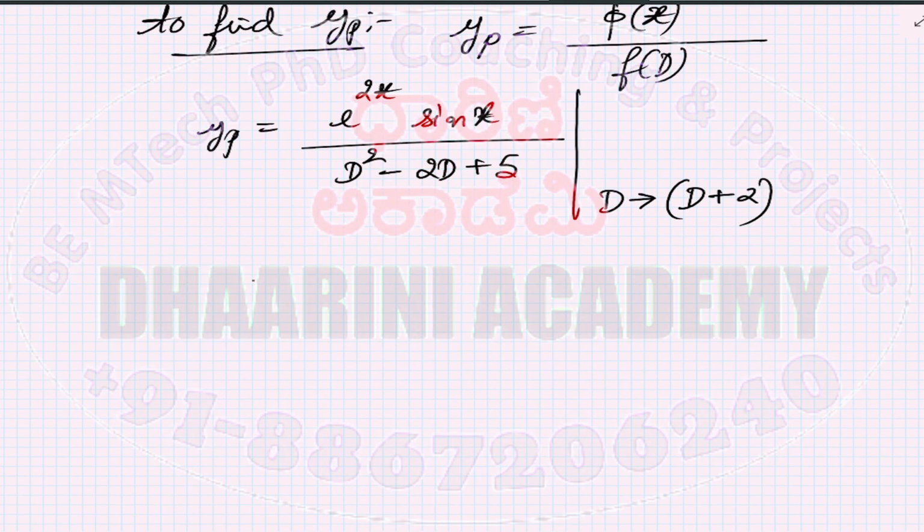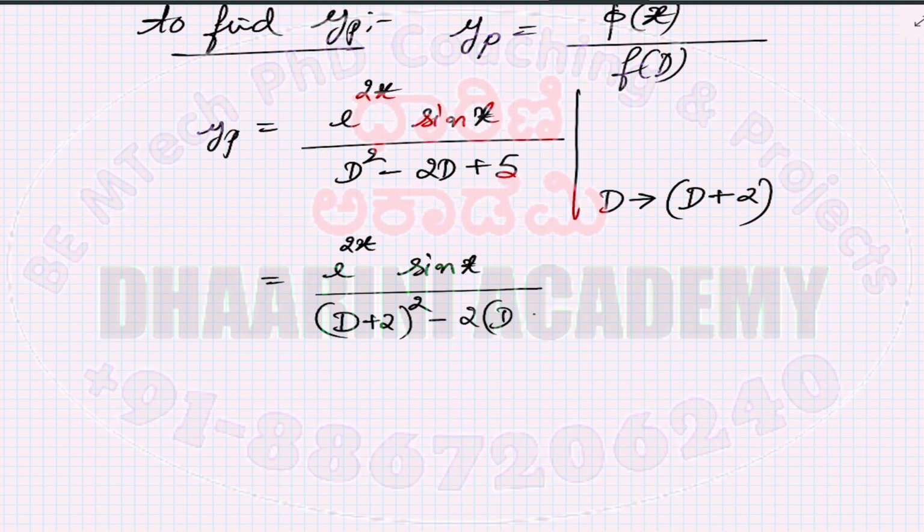Let us make that substitution first. So this is e^(2x) sin x divided by (D + 2)² − 2(D + 2) + 5. In the previous step, whatever D we had, we have replaced it by D + 2.